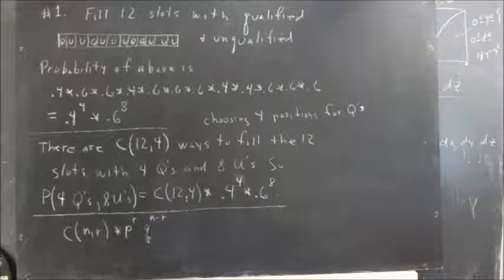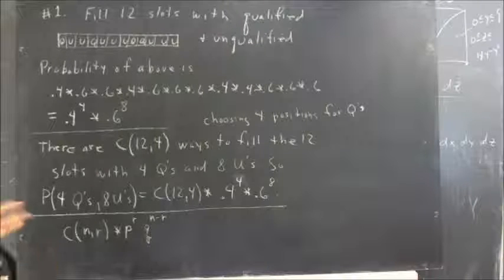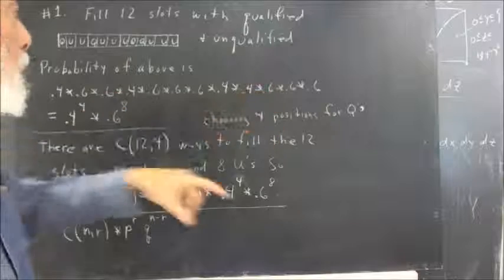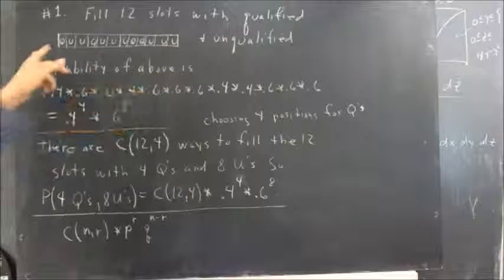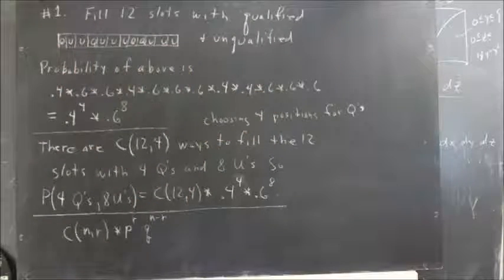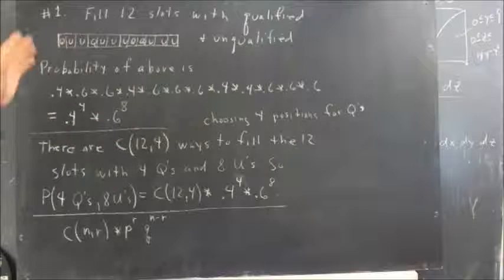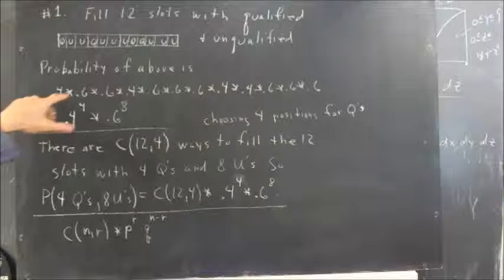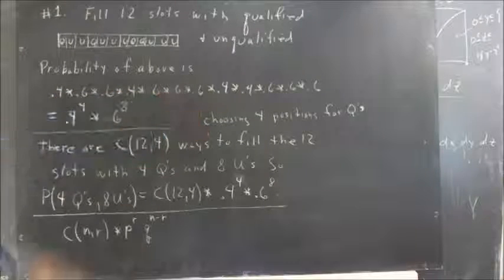We consider the corporation to be large enough that these probabilities are independent of how many people have already been chosen, at least among the 12. So we have independent probabilities. It follows then that the probability is the product of the individual probabilities.